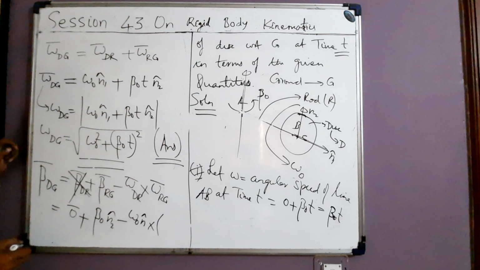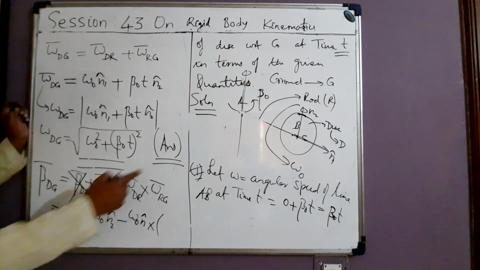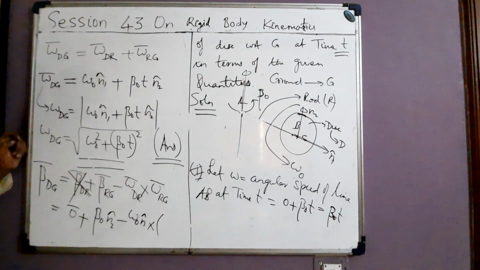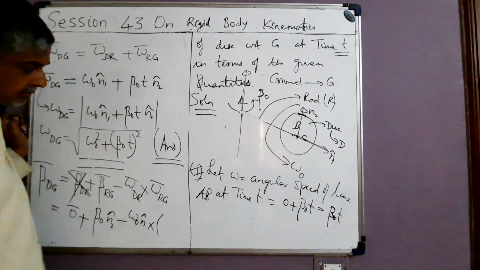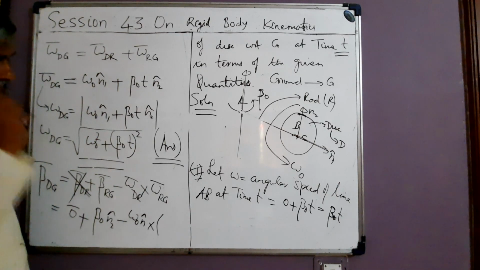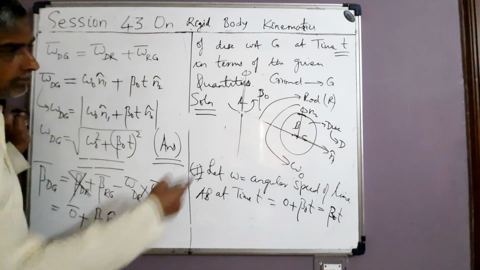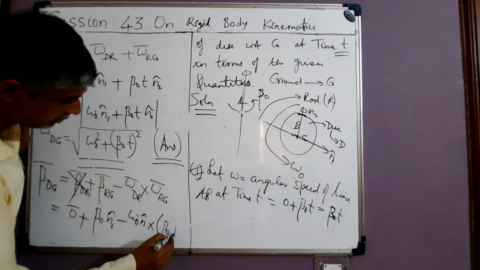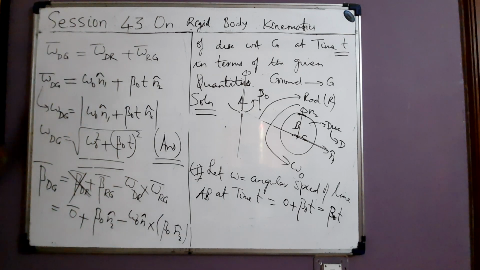Cross omega rg. Omega rg is simply beta naught t into n2 hat, and this is omega naught into n1 hat. Okay, fine.